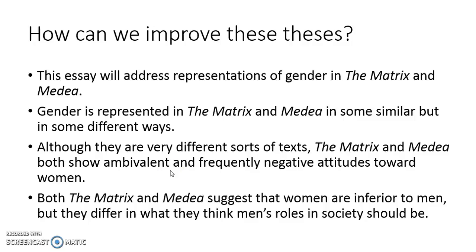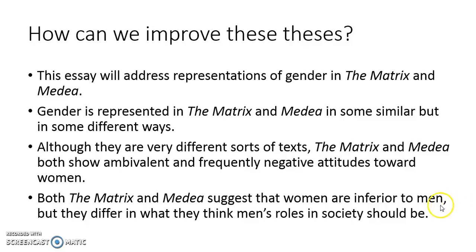Finally, imagine this thesis statement: Both The Matrix and Medea suggest that women are inferior to men, but they differ in what they think men's roles in society should be. The first half of the sentence does take a bit of a stand by interpreting those two texts and saying that they both show inferiority.